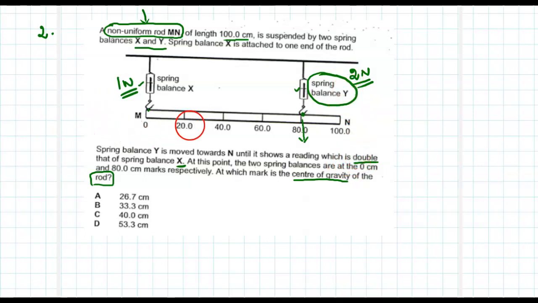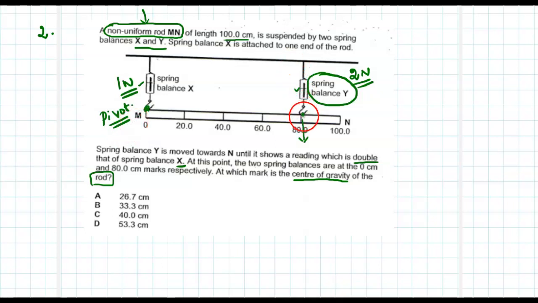Okay, now I want to find the center of gravity of the rod. So what is the formula here? We take one spring balance as a pivot. So I want to take this one as a pivot, a fixed point, a fulcrum. I have to find out how many forces are acting on this system. There are two forces.